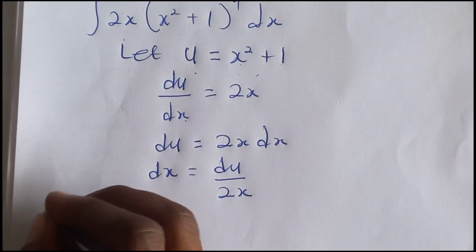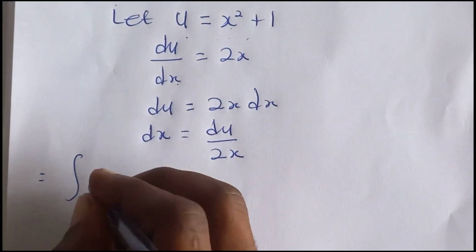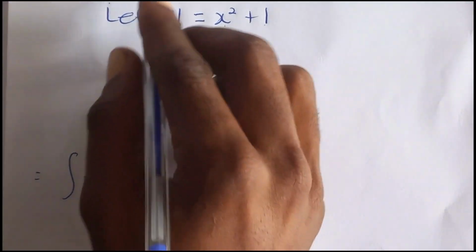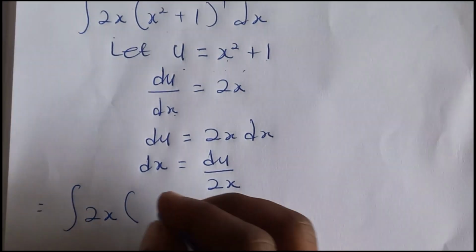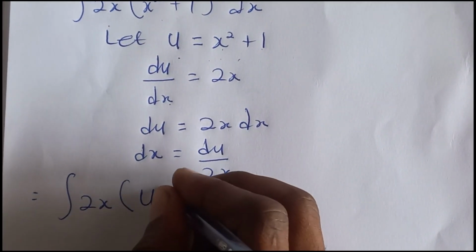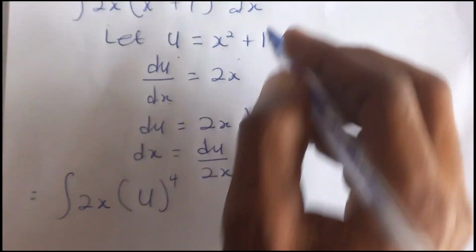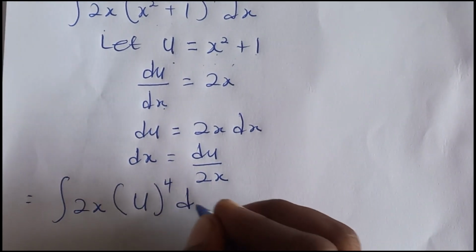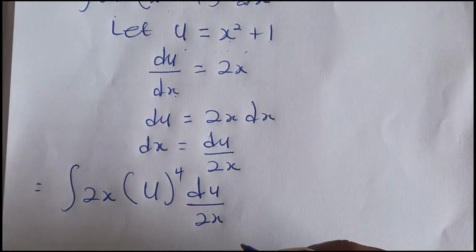So it's going to be the integral of 2x into bracket, now our x squared plus 1 is u, don't forget. So u into bracket exponent 4. And our dx is now du on 2x. So du on 2x. You see?